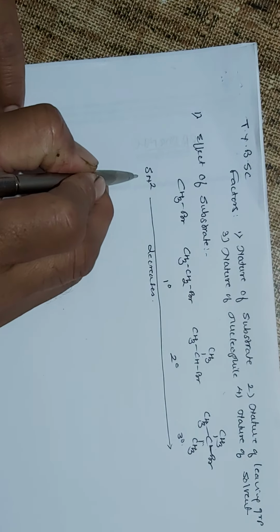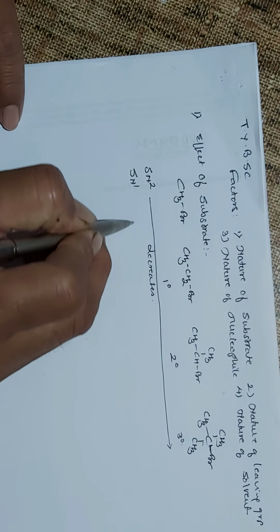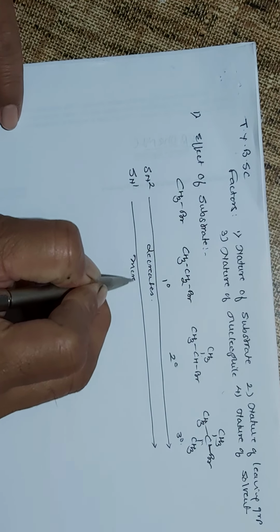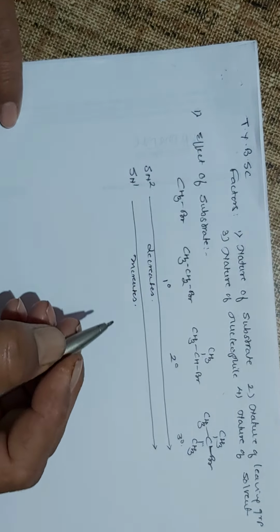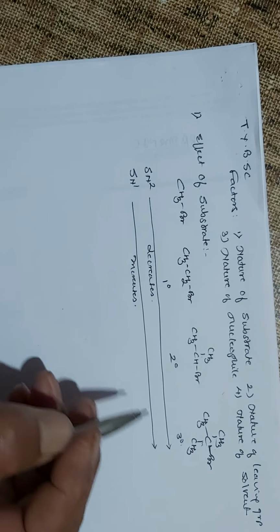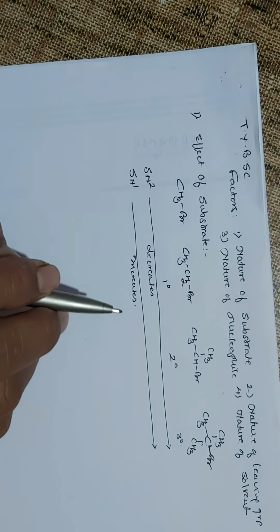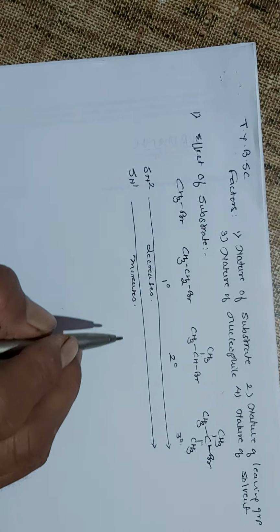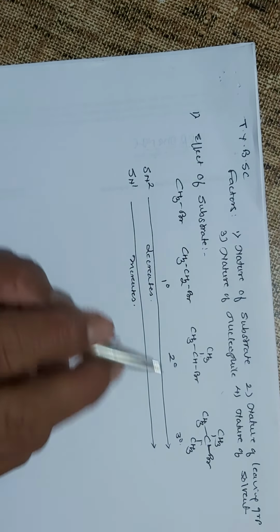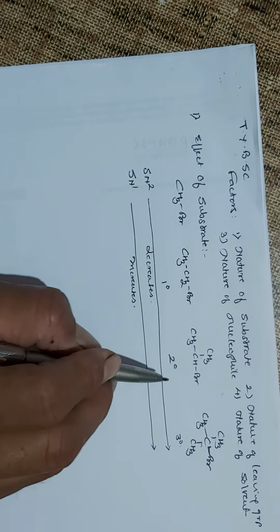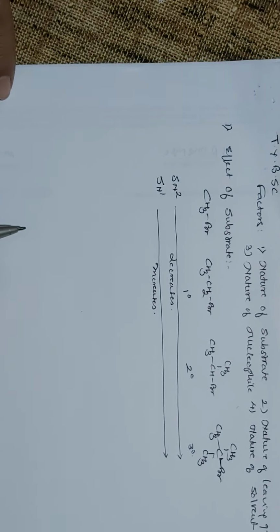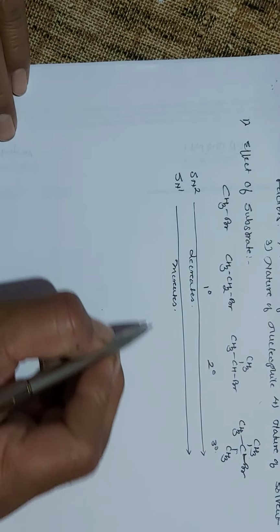And the rate of SN1 reaction goes on increasing from methyl bromide to ethyl bromide, ethyl bromide to isopropyl bromide, and isopropyl bromide to tertiary butyl bromide. So the rate of reaction changes as the nature of the substrate changes from primary to secondary, secondary to tertiary.